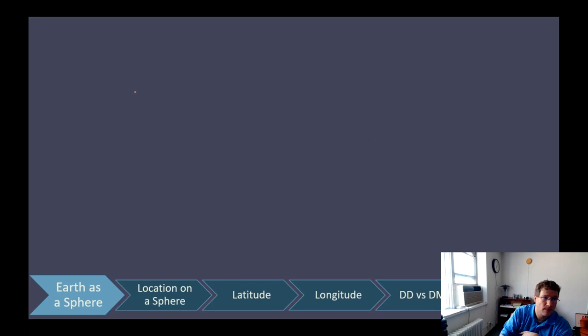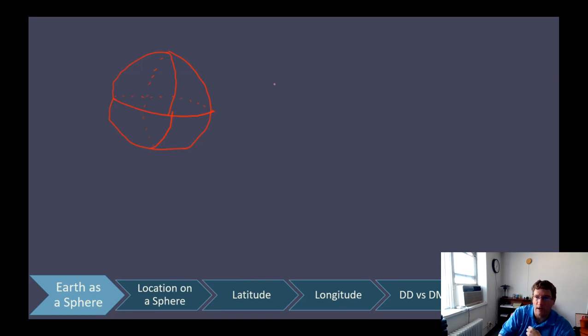And so the first thing I want to work through is this idea that we can think of the Earth as a sphere, right? If you think about the globe, everybody's hopefully seen a globe at least once in their life, it is largely depicted as this perfect spherical shape.